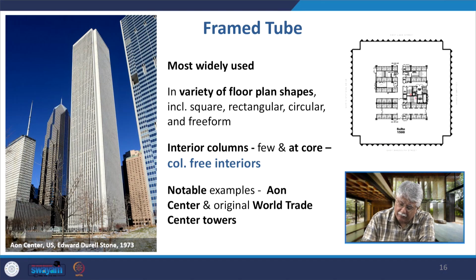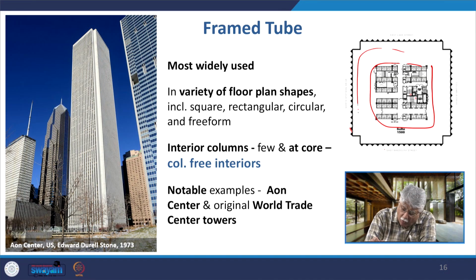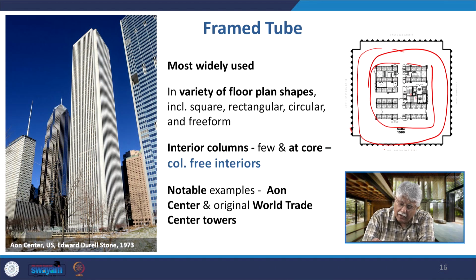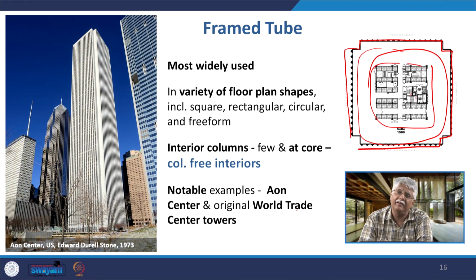Again you see, if you see the plan of the Aeon Center here, the interior columns are few and at the core, and then the whole building interior is completely free of columns, and on the outer side you have the perimeter tube, which has the closely spaced columns and spandrel beams.